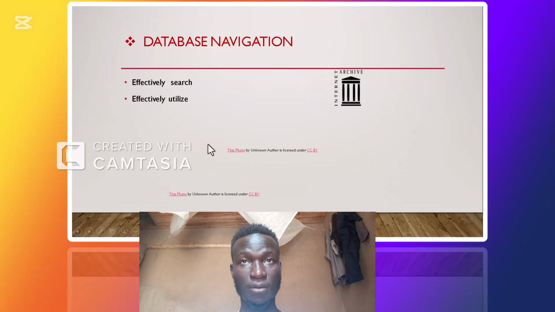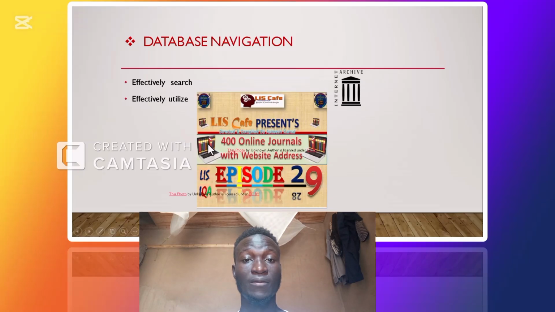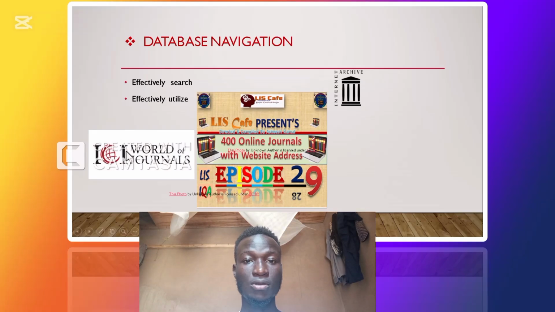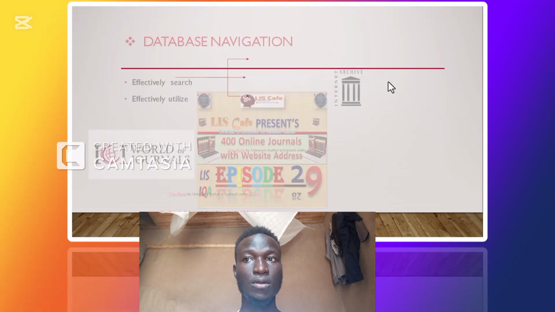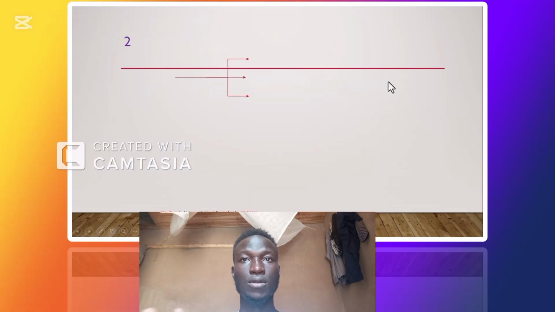To effectively use search, you can use online archives or any other sources. You can use online journals or other websites where you can get information.